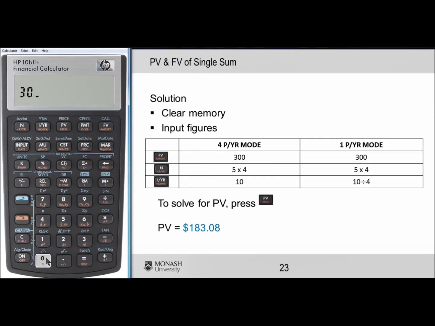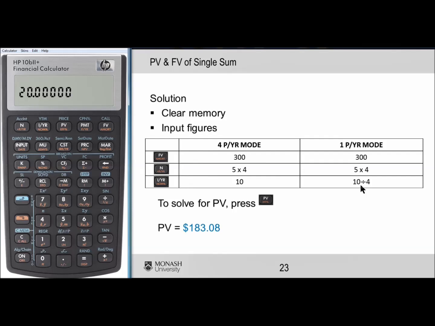So 300 FV. N is our number of periods, so 5 times 4, we have 20 quarters over 5 years. And now the interest rate here, we need to adjust it, as it is treated as 1 year.